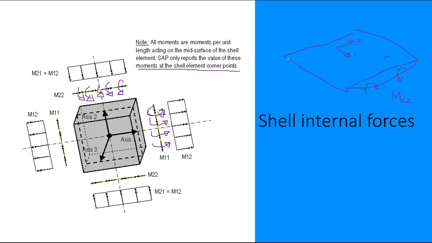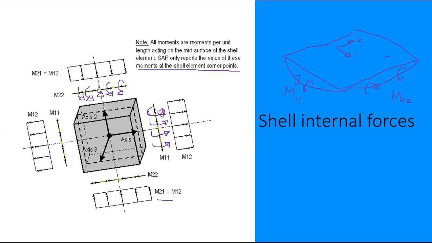If it bends like this, it bends about the second axis, so this is M11.